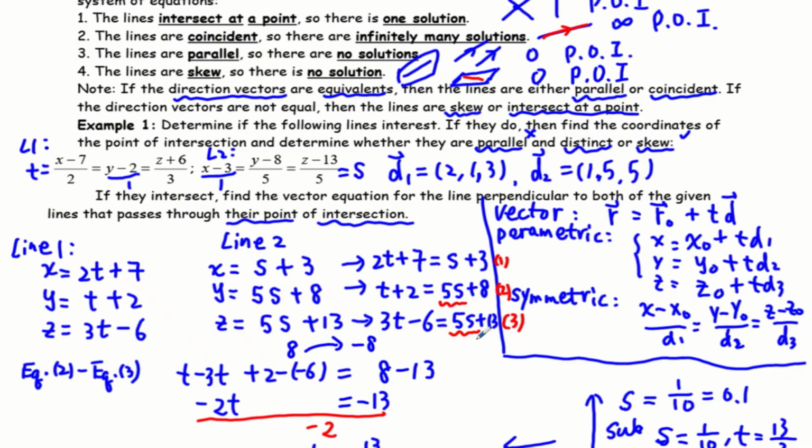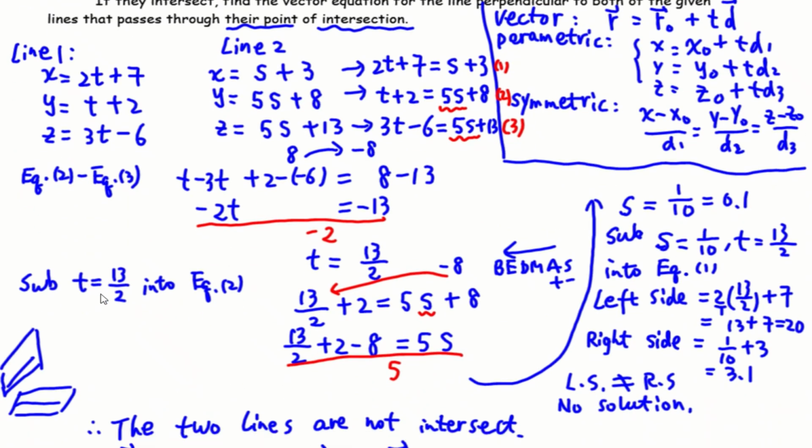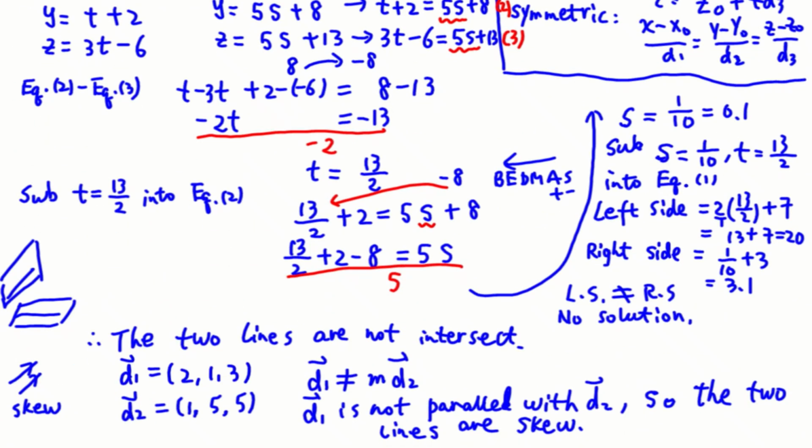Then with three equations and two variables, we only pick two equations to solve and use the third one to check. If the third one has left side equal to right side, then we have a point of intersection. And sometimes you have infinitely many. So once we have s and t solved, we can sub t back, then we have the x, y, z coordinates. That is our point of intersection. Okay, so that is all for today's lesson. Thanks for watching.